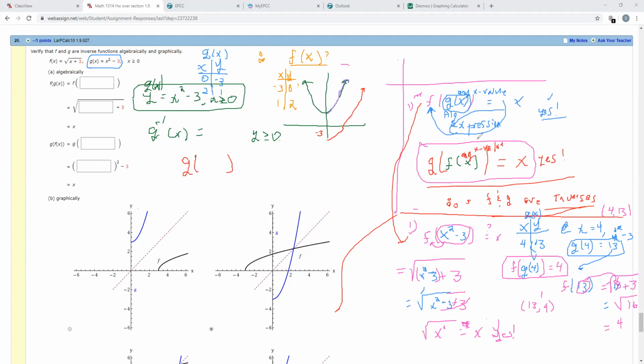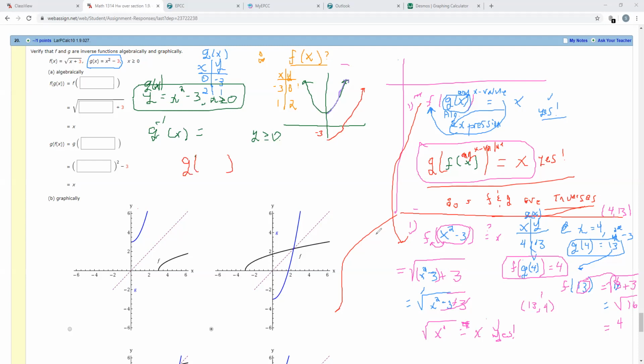It would really be for any x value that is in the domain of f, which is starting right here at -3 and onward.